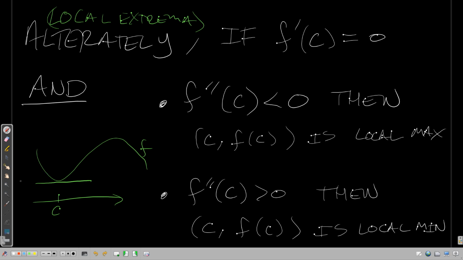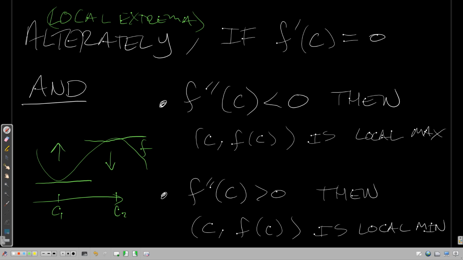That's the old methodology. If I have this critical value, not just any critical value, but the ones where the tangent line goes horizontal, then if I check that critical value in the second derivative, here I'm getting concave up and here I'm getting concave down.